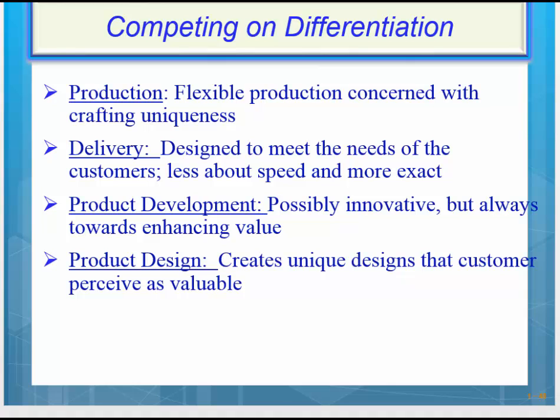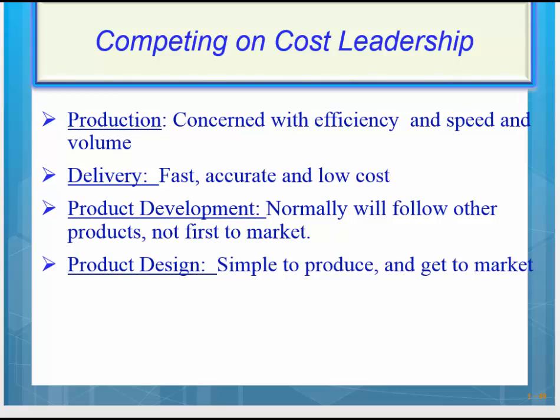Now, there's cost leadership here, where we have the same headings, but a little bit different focus, right? So production-wise, we're concerned with efficiency and speed and volume, not with flexible production that's concerned with crafting uniqueness. No, here we're all about efficiency.